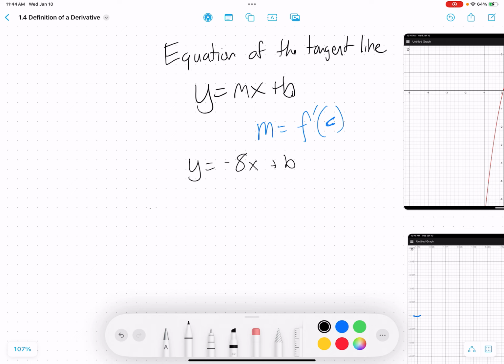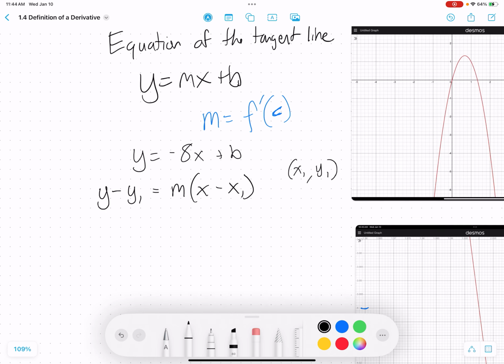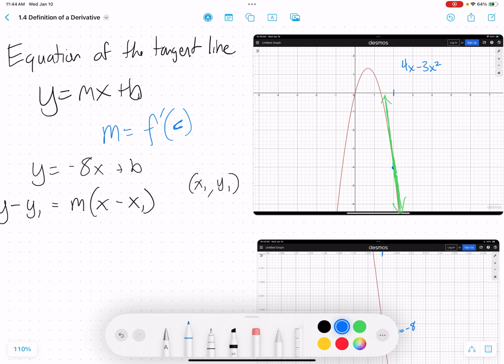If you remember, point-slope form is y minus y1 equals m times x minus x1, where (x1, y1) is a coordinate point that you know the line goes through. In our case, this point is where I'm finding the derivative: (2, -4).